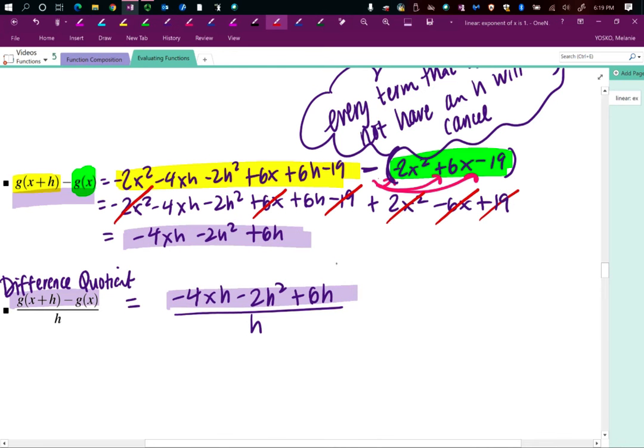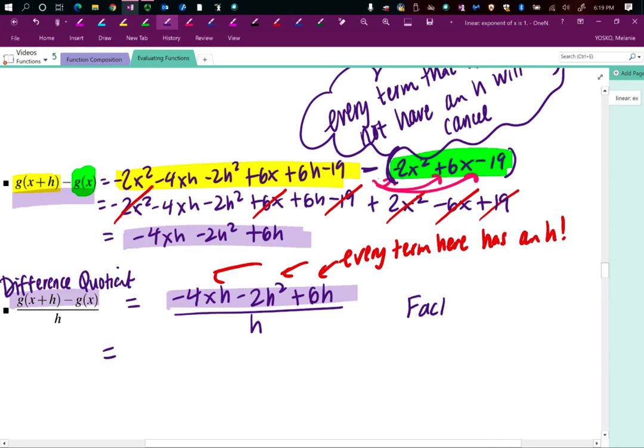So guess what? Every term here has an h, right? Okay, so we're going to use our F word in math. We are going to factor out an h. Factor out an h from all terms in the numerator.